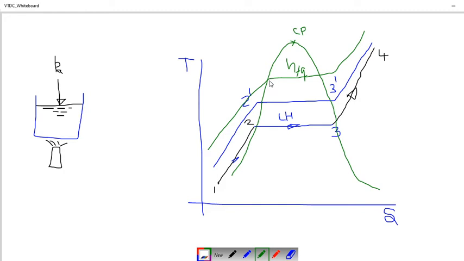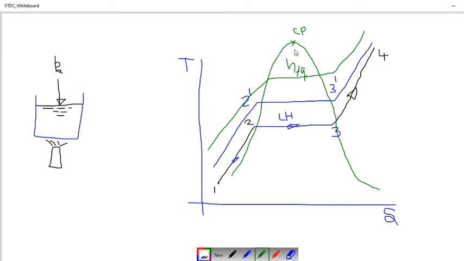So the latent heat of vaporization for that particular pressure is denoted by hfg, and it is observed that by increasing the pressure above the water surface, there is a decrease in the latent heat and it becomes zero at the critical point.